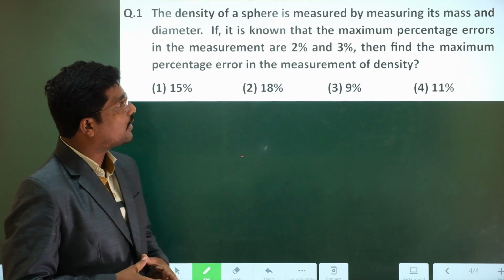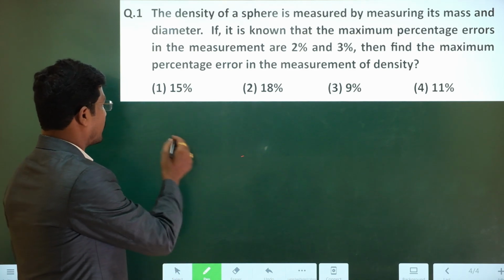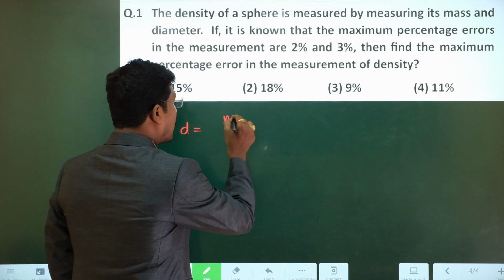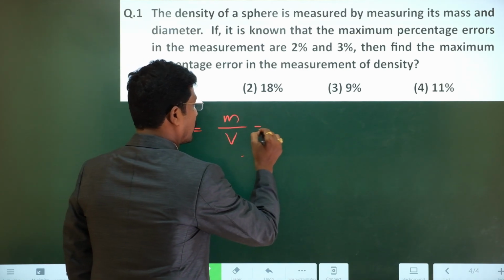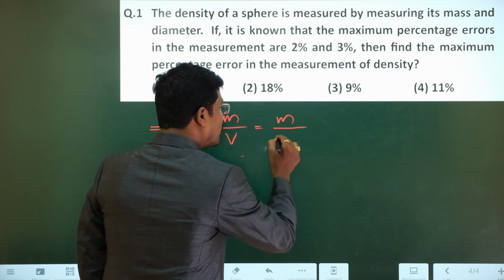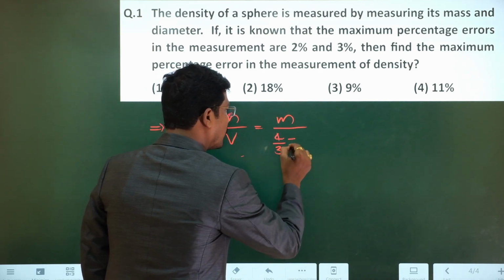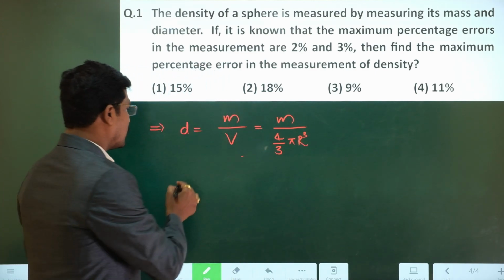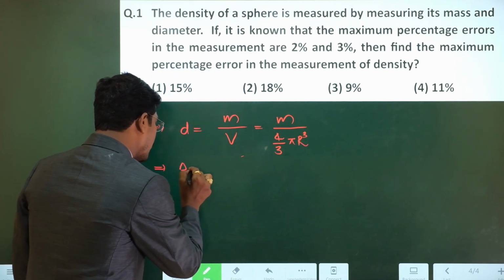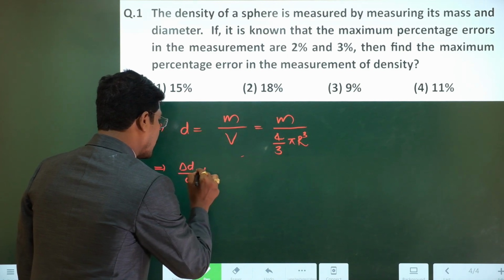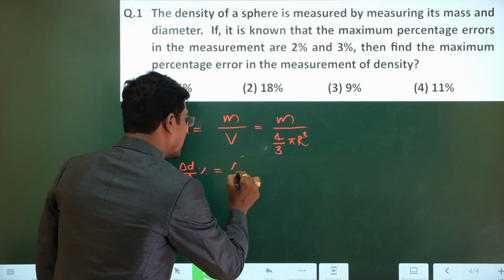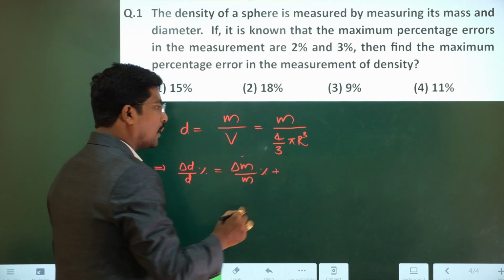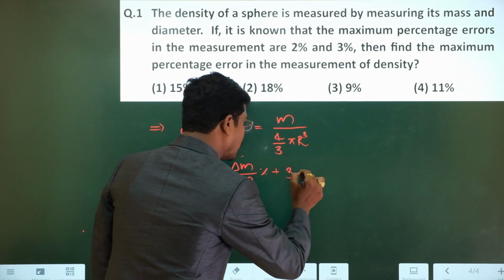We know that the density of a sphere is mass by volume of the sphere. We know that the volume of the sphere is 4 by 3 pi r cube. From the error limits, the percentage error in density is equal to the percentage error in mass plus 3 times the percentage error in its radius.